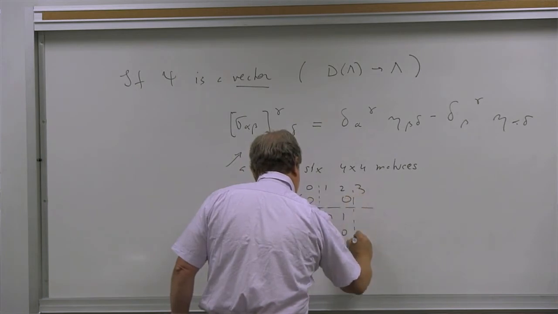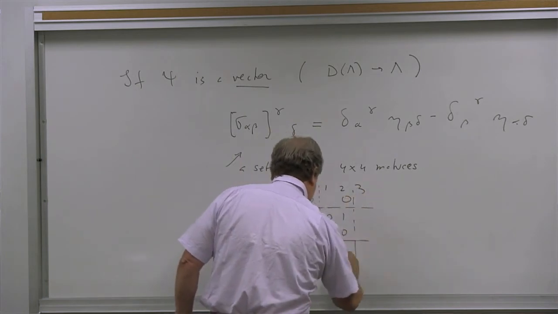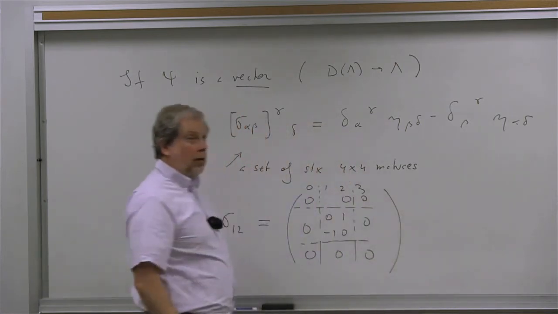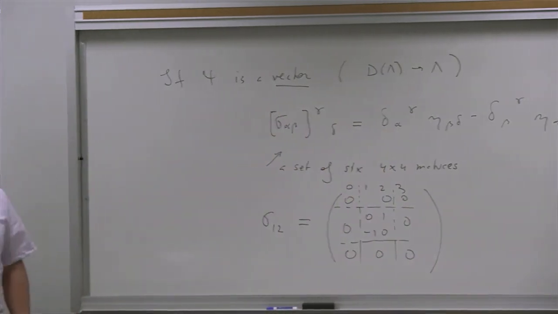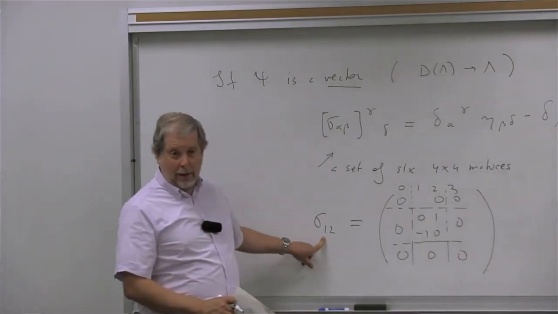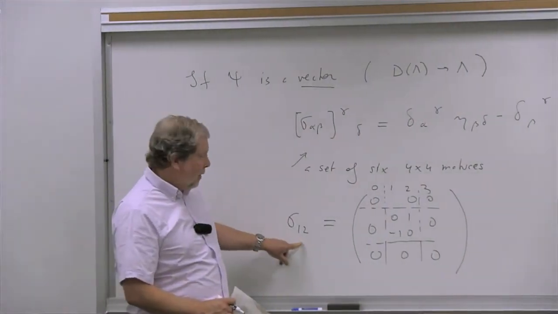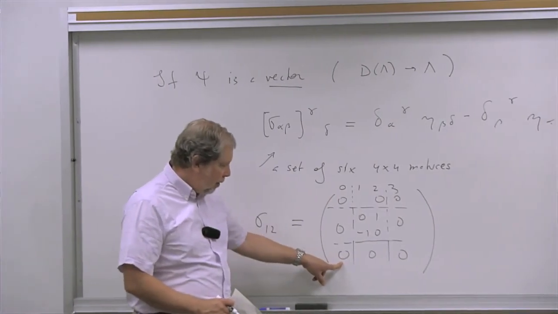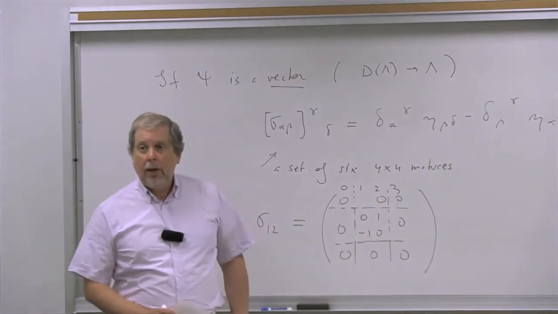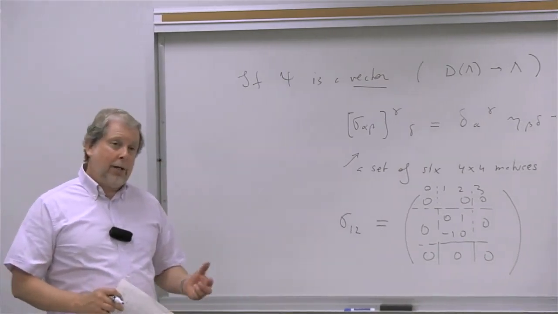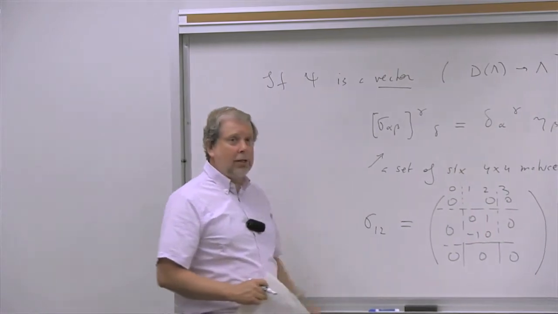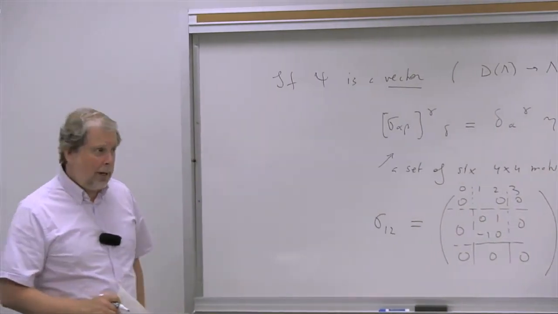Then everything else is 0 again. There are only 2 entries which are non-zero. I'll let you guess what sigma 1, 3 looks like. It is the same thing, except the minus 1 goes here at the bottom, and the 1 goes up at the top, and the rest is 0. So these are very simple matrices. This expression makes it look a lot more complicated than it is.